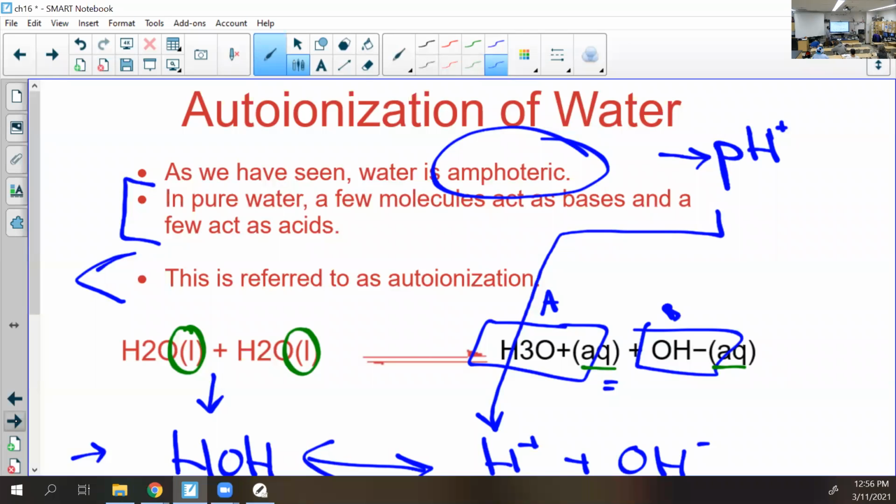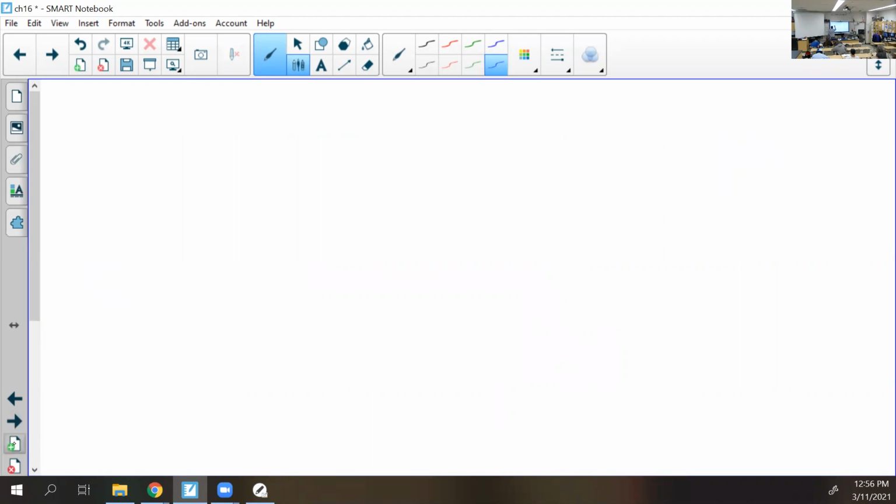Okay, so this is what happens. We have O, H, and H. This is water, also known as H2O. It's polar, so we know hydrogen is slightly positive and the oxygen is slightly negative.